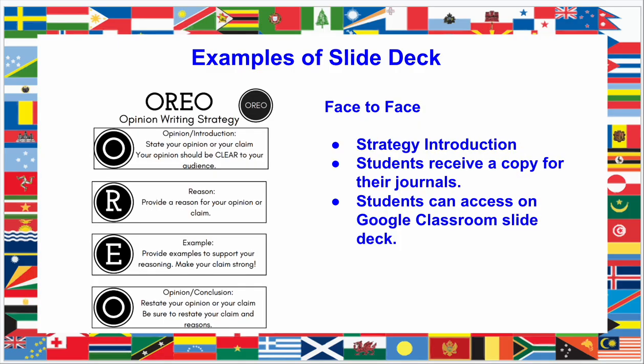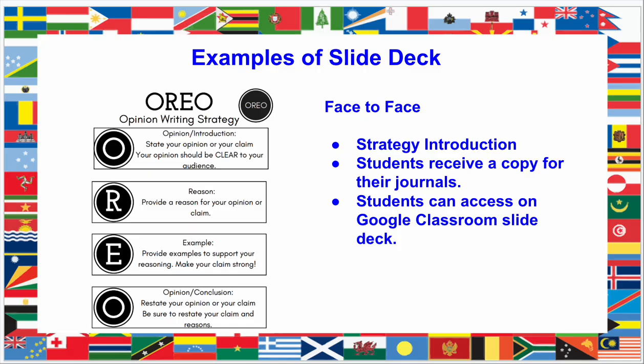All right, so this next example is another anchor chart that I might use with the students. I also plan to give each student a hard copy of this anchor chart to keep in their journals, because the more times and the more places that the students see the language, the more likely they will remember the strategy, in this particular case, this acronym, OREO, for opinion writing.